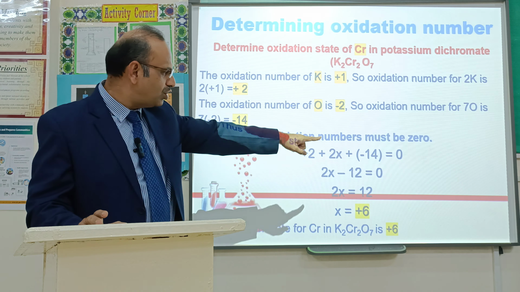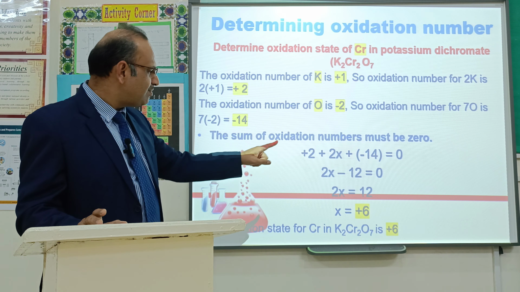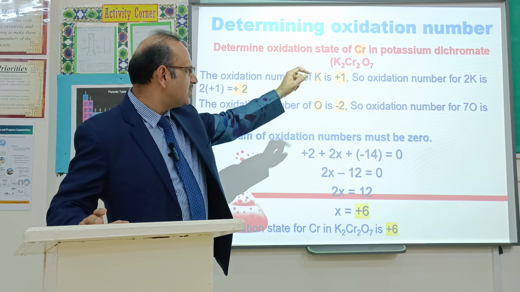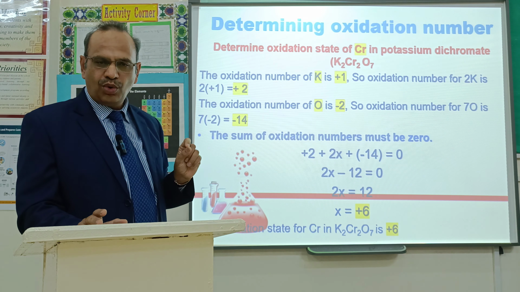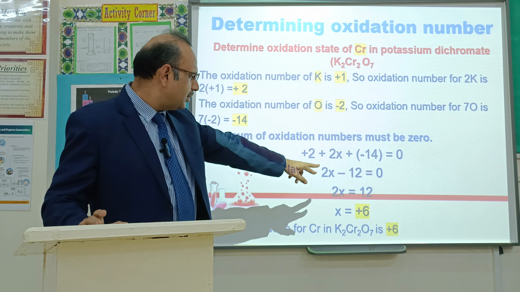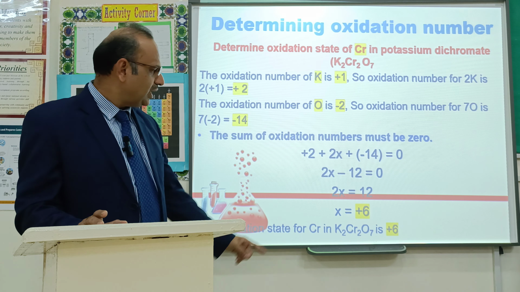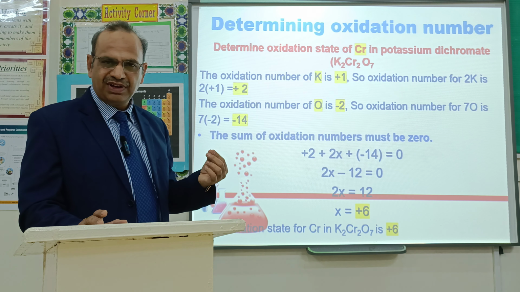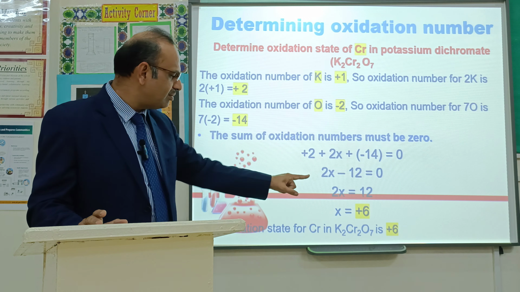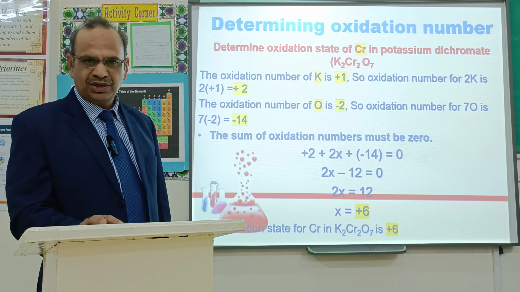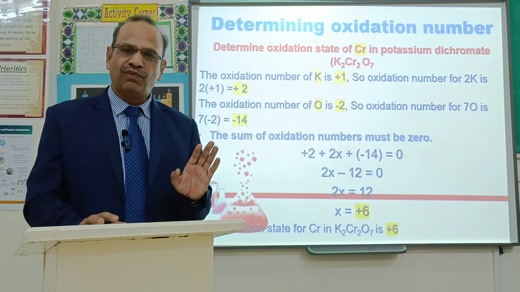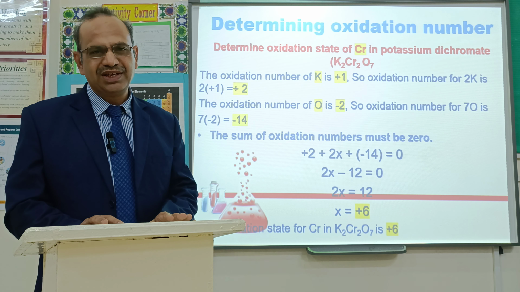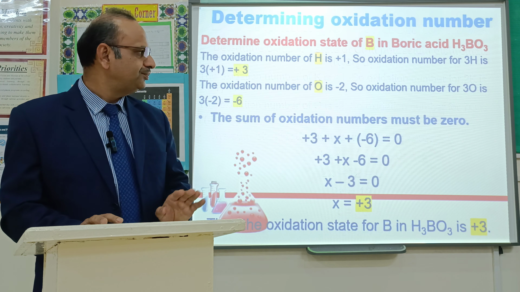The total should be equal to 0. It means the value for Cr2 will be minus 12. When it goes to the other side, it will be plus 12. This value is for 2 chromium. For 1 chromium, the value is plus 6. So the oxidation number of chromium in potassium dichromate is plus 6.